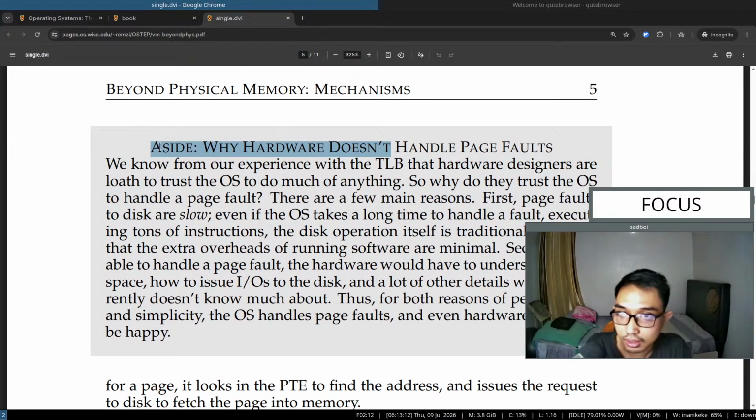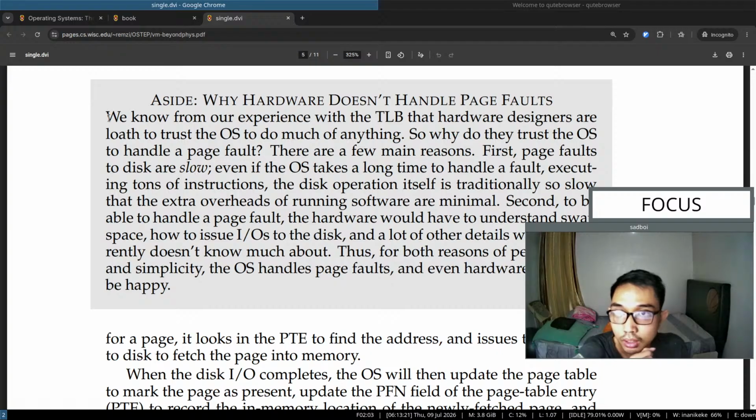Okay, let me read this aside. Why hardware doesn't handle page fault? We know from our experience with the TLB that hardware designers are loath to trust the operating system to do much of anything. So why do they trust the operating system to handle a page fault?